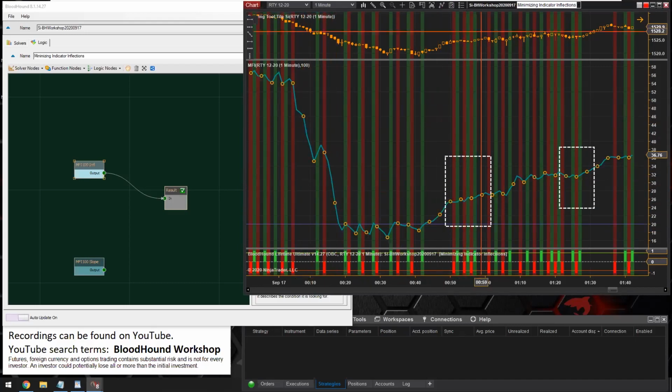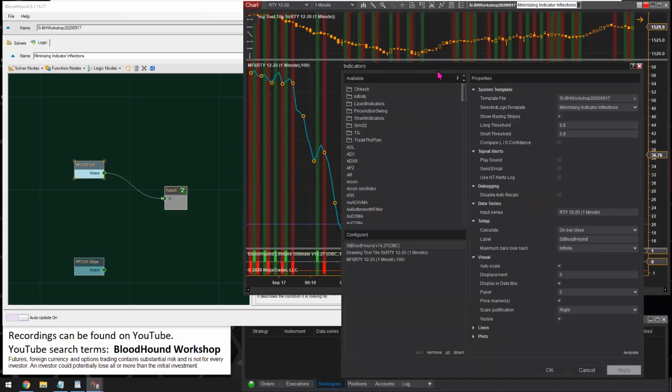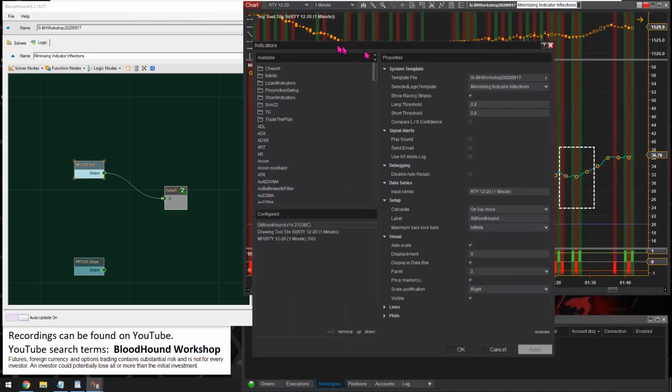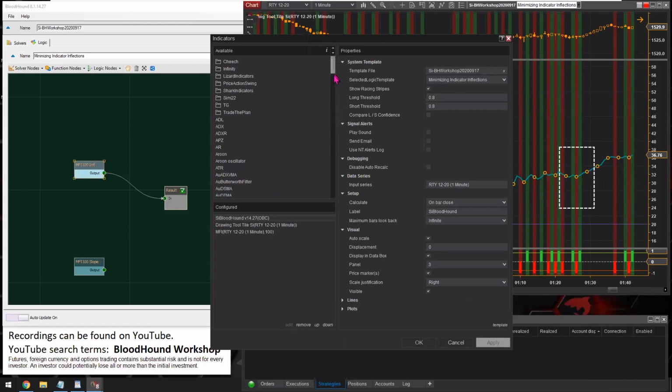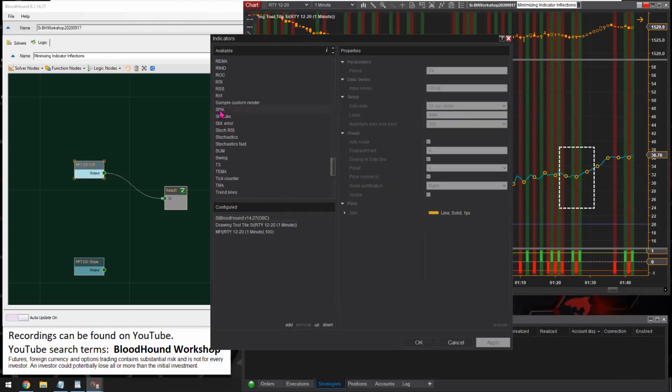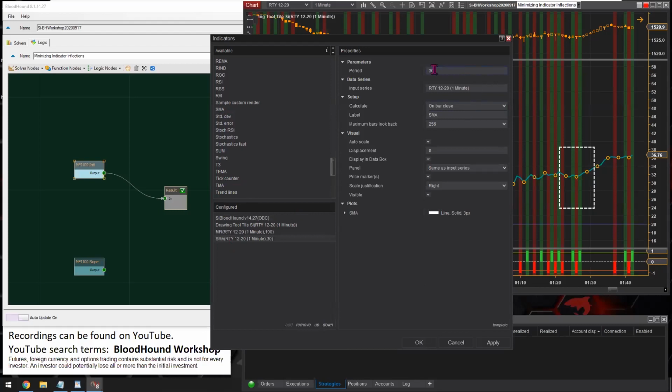Let's do this on the chart first. We'll create a visual representation on the chart first, and take the SMA. I'm going to take a 2-period SMA for minimum amounts. I'm going to start off with a minimum amount of smoothing here.